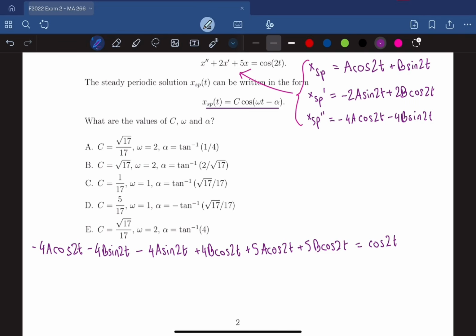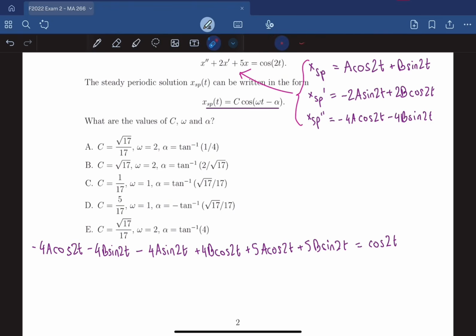Okay, so now we're going to start by gathering all of our like terms. I think I screwed something up here. Oh, this should be sine. Okay, so there should be 3 cosine terms.